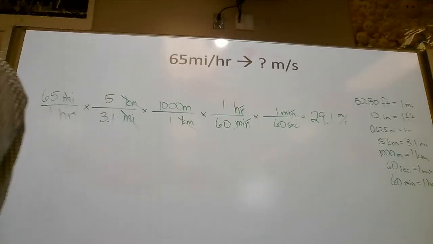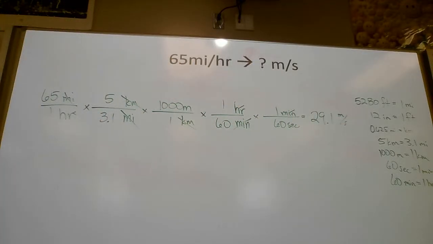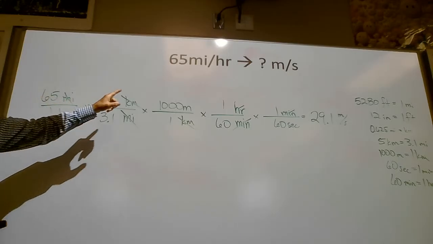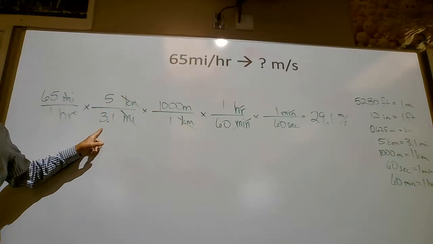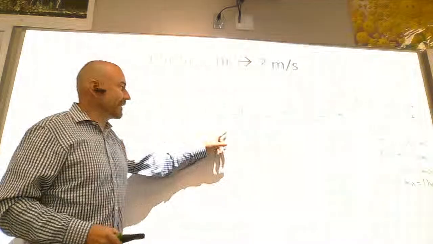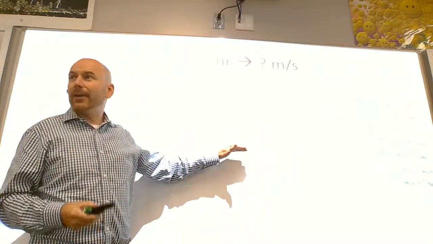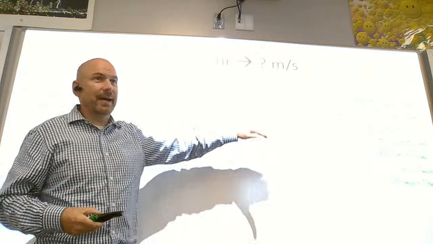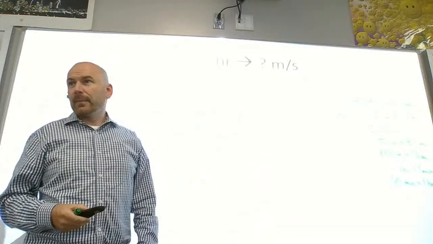Okay. Now, here is a popular wrong way to do it. 65 times 5 times 1,000 divided by 3.1 times 60 times 60. When you do times 60 times 60, what your calculator interprets is the 60s on top. Okay?